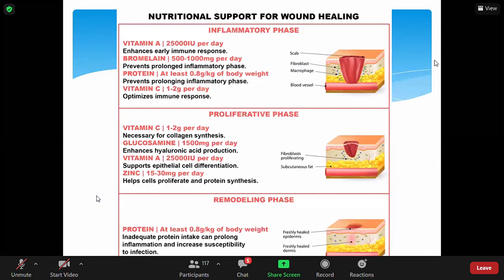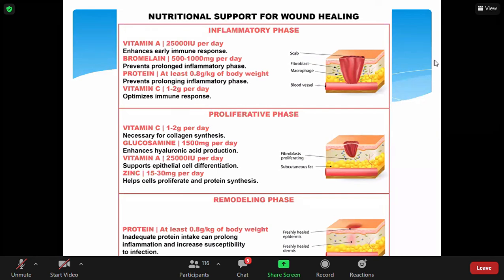Nutritional support for wound healing. In your inflammatory phase, you need vitamin A, bromelain, protein, vitamin C. In your proliferative phase, you need vitamin C, glucosamine, vitamin A, and zinc.